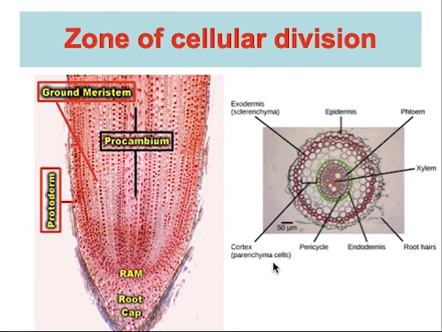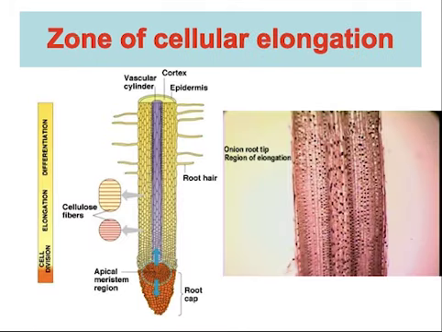So the cortex is here, the endodermis is the green cells here, and the procambium becomes the pericycle, primary phloem, vascular cambium, and primary xylem, and the pith is inside, in the center of the zone of cellular division. So this one is the procambium, in the center.